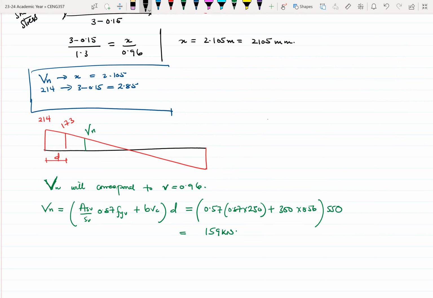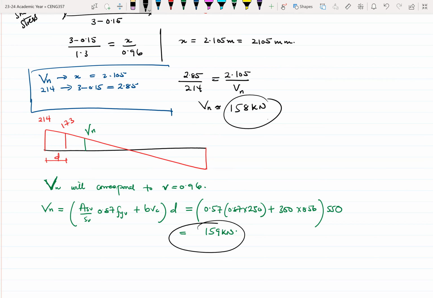If I'm comparing the two, then 2.85 over 214 will be equal to 2.105 over Vn. If you make Vn the subject, your Vn will be approximately 158 kilonewtons, which pretty much is the same as what we have in the space. So you can either use one or the other and you still get your Vn.